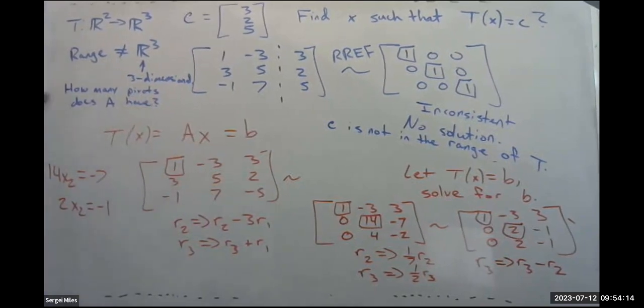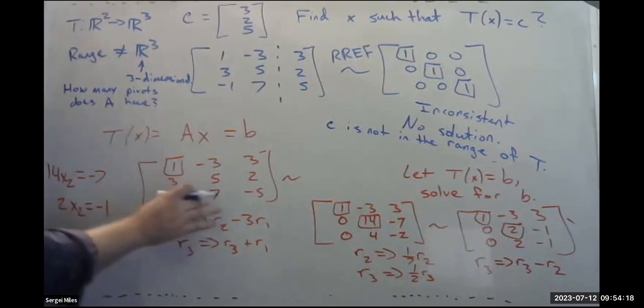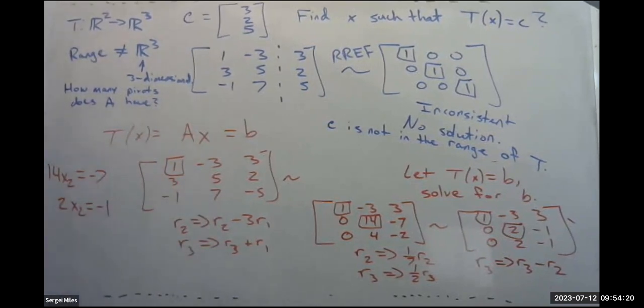So at best, all the possible linear combinations of these columns, in other words, all possible outputs of my transformation T, can only span a two-dimensional space because I have two pivots. Now, does that mean the range is in R2? Does that mean the range equals R2? No, right? The dimension of a span has nothing to do with what space you're inside of, right?